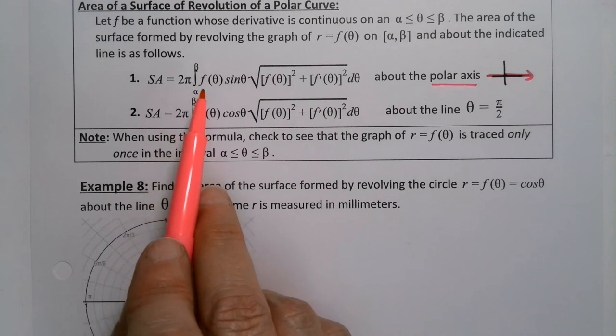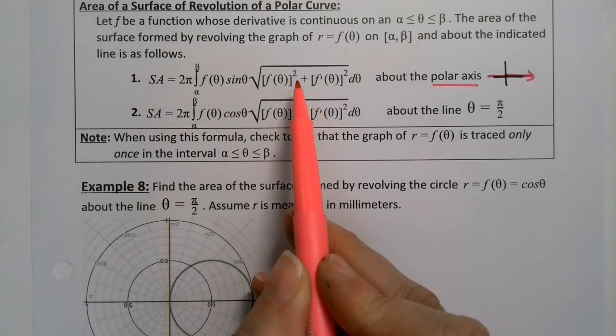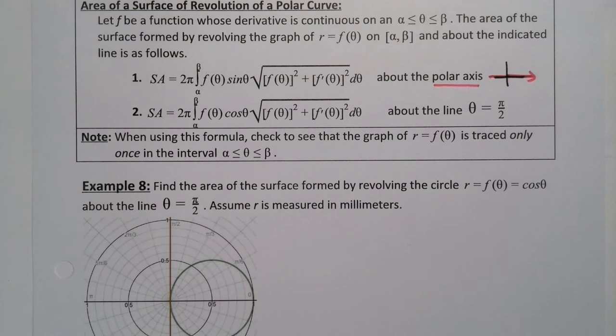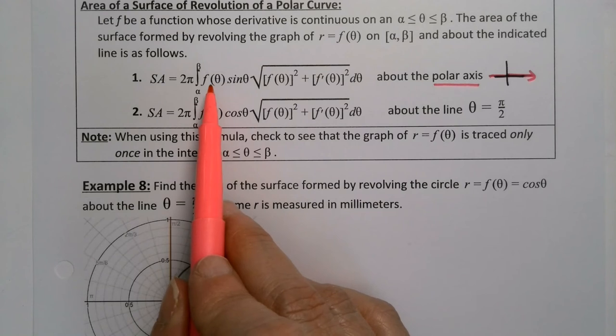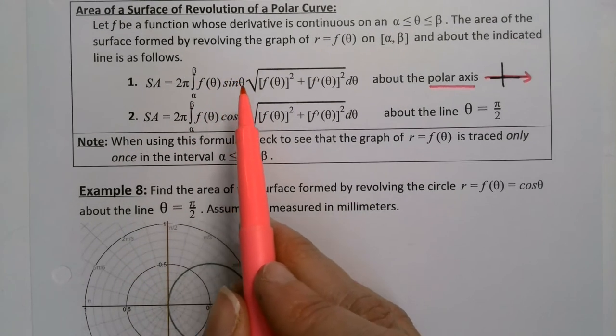So 2 pi from alpha to beta, f of theta, sine theta, and then that looks like arc length, because it is. You're taking the arc length and then you're multiplying it by the function value and then the sine in order to get the area of that surface of revolution.